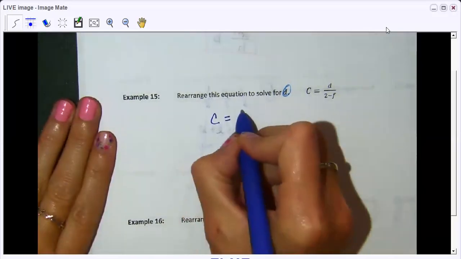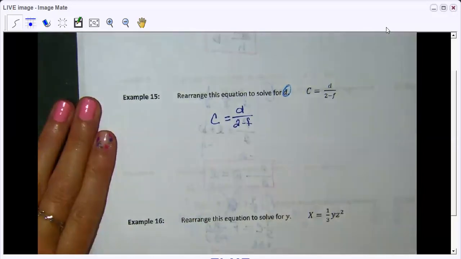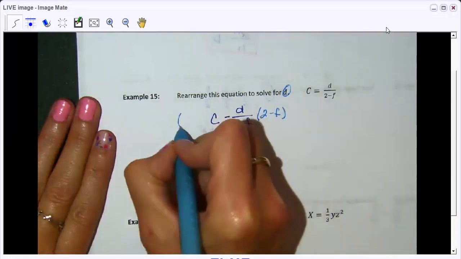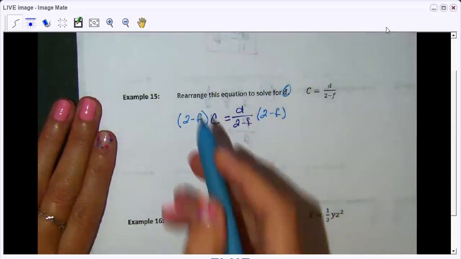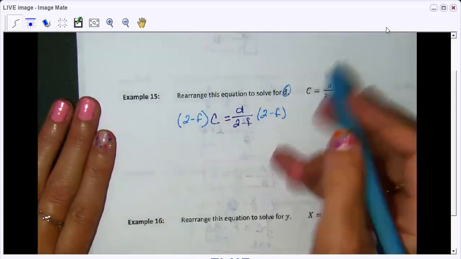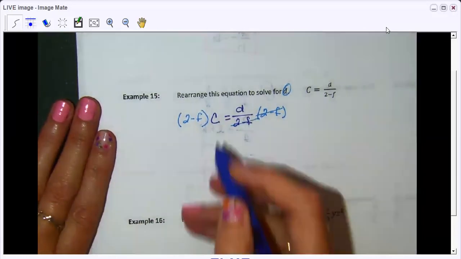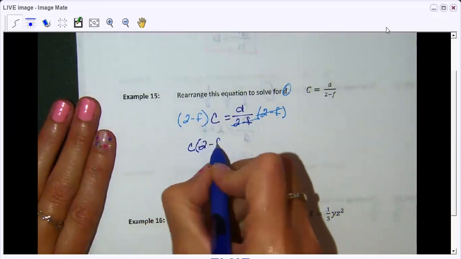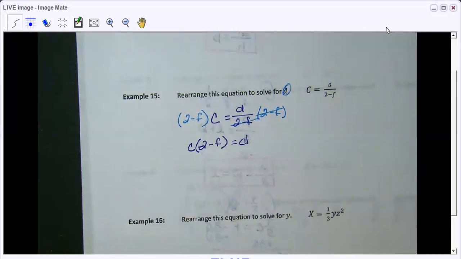C equals D over 2 minus F. So we're going to multiply this side by 2 minus F. And we're going to multiply this side by 2 minus F. Make sure you put the parentheses around it. So we get rid of these two. And now we're left with C times 2 minus F equals D. And then you're done. We've just isolated D.